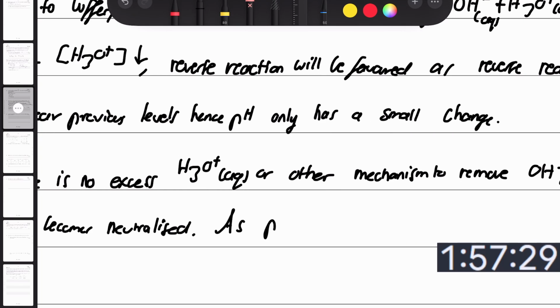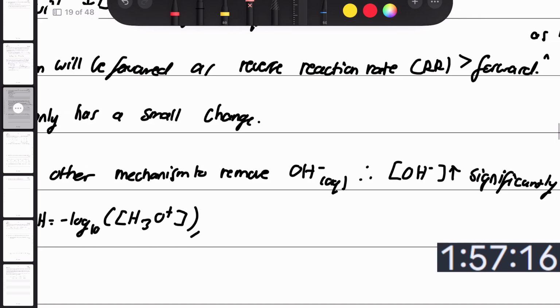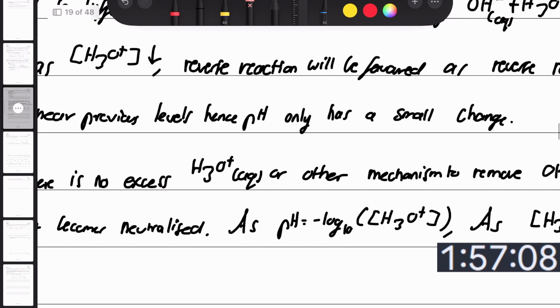Then as pH equals negative log 10 of the concentration of the hydronium, H3O plus drops significantly.